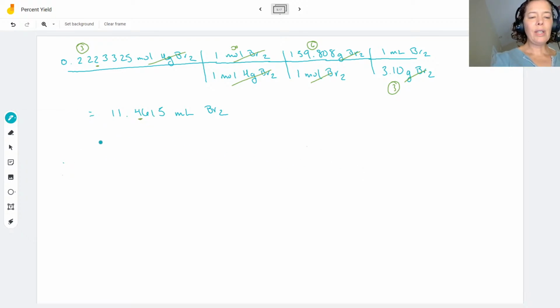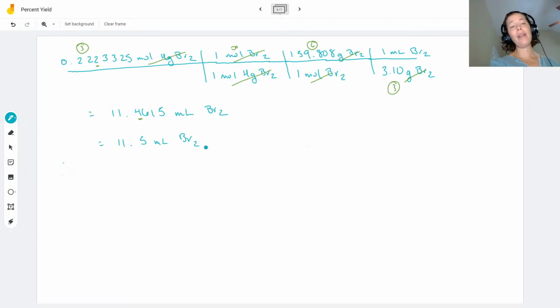So my final answer is 11.5 milliliters of bromine. Okay, that one was kind of a little bit long, but let's check and make sure there are no questions. But again, you see how you're doing stoichiometry, but then you just have to figure out usually your end game. And for this end game, we had to get to volume.